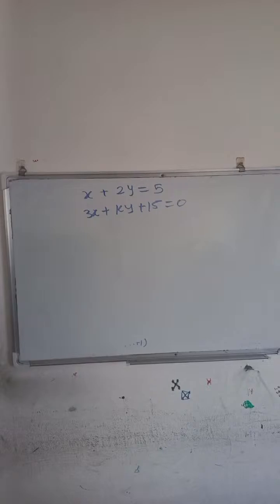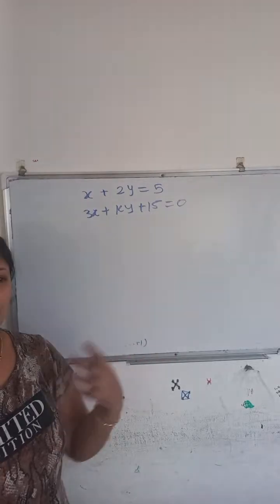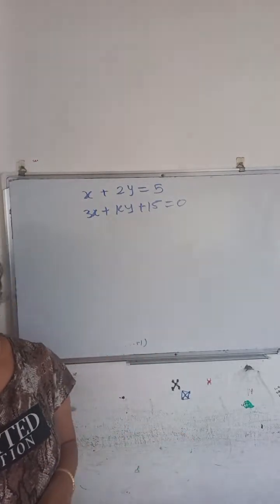I hope everyone has copied, no? Okay, and for a unique solution we know that a1 by a2 is not equal to b1 by b2, and it is not equal to c1 by c2.